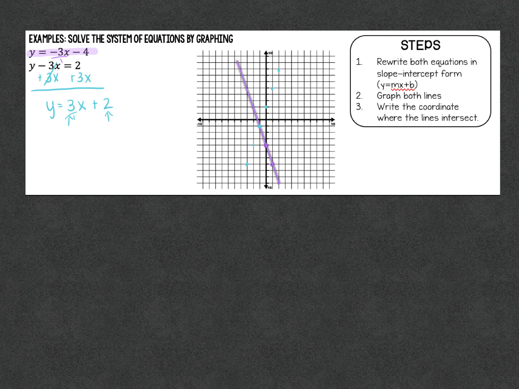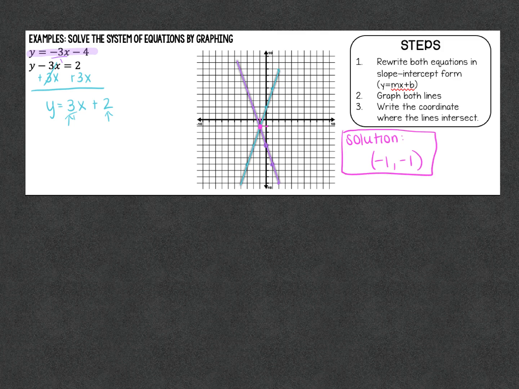Okay, so you'll use your ruler for that. And the point where they intersect, right here, is going to be our answer. So our solution is going to be -1, -1. Okay, because my x was -1 and then my y was -1.